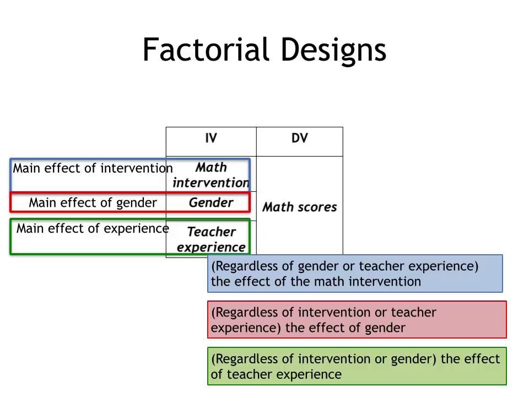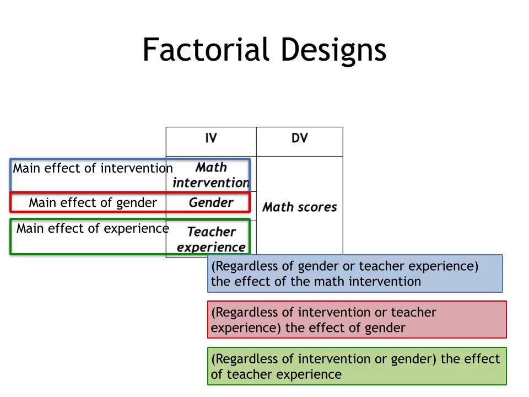One of the keys to understanding this is when you end up with an interaction in a factorial design, you can say for the main effect, regardless of gender or teacher experience, see how that's blue? I've got an effect of the math intervention.